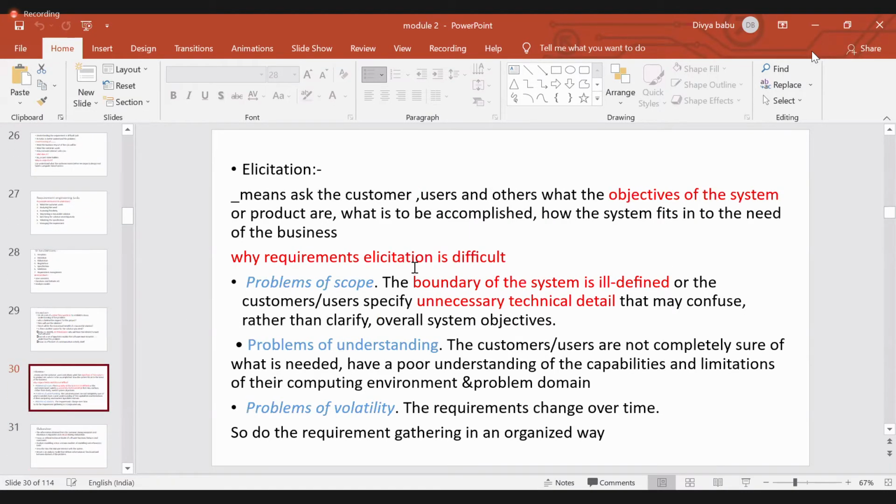The second part is elicitation. Elicitation means you fix the objective in a more detailed way. Elicitation goes beyond context-free questions. We are more focused on questions about the particular project, and then how we are going to implement it. How you are going to implement it, we'll discuss.